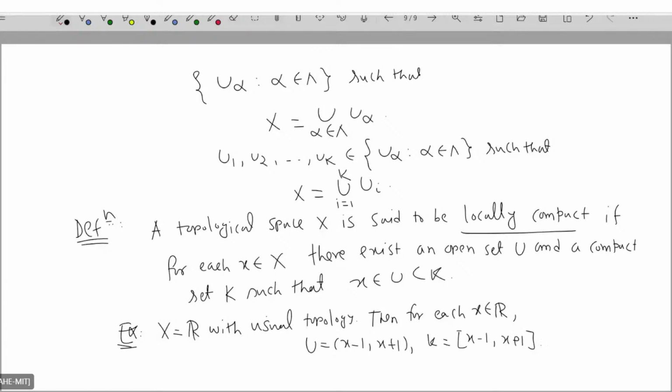That's it. Although the real line is not a compact set, it is a locally compact space.